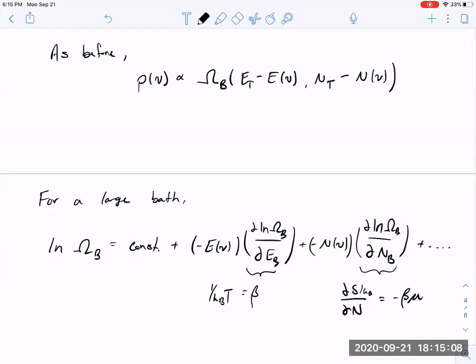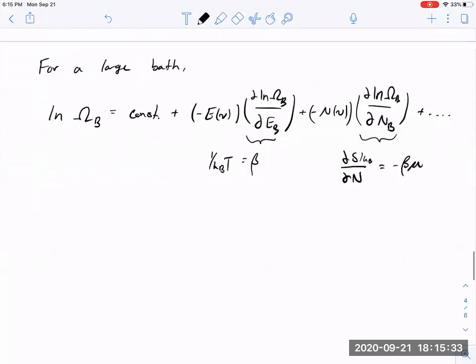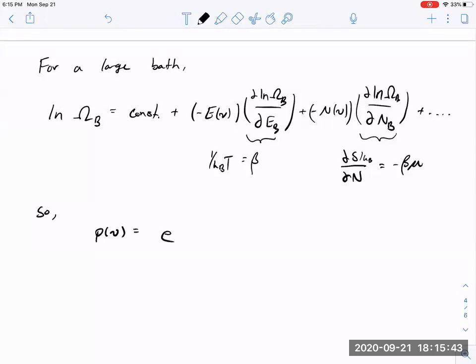So we find, maybe not unexpectedly, a product of conjugate variables entering into the description of the likelihood of the state of a system, namely N, the number of particles, and mu, the chemical potential, which sets the potential for spontaneous change in that number. So putting those two things together, the probability of a microstate in the system, exponentiating the log of omega b, is just a constant.